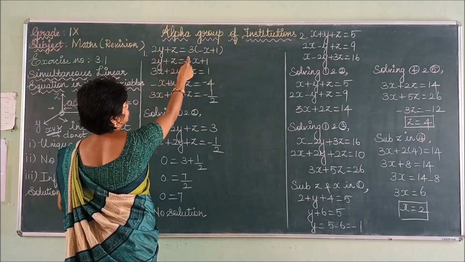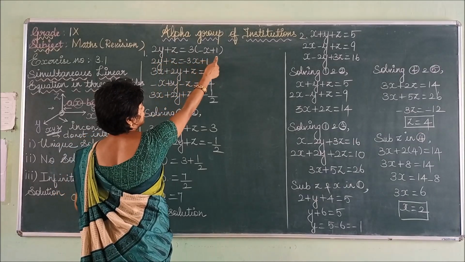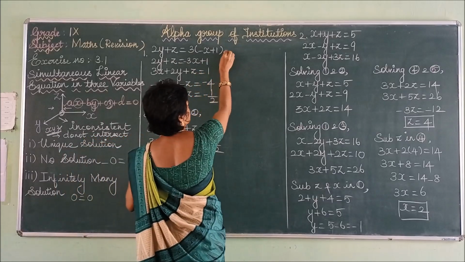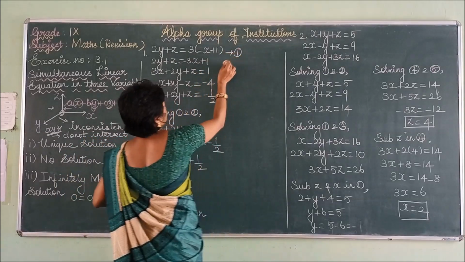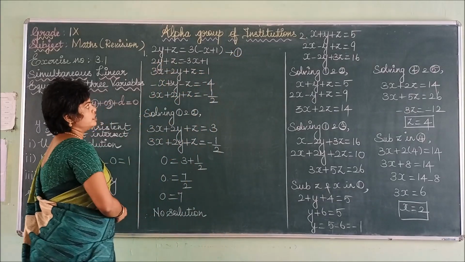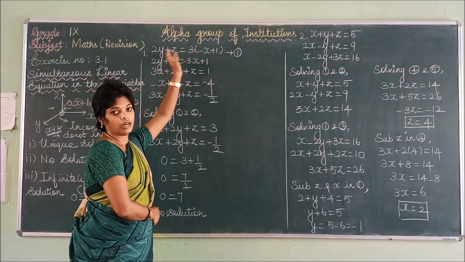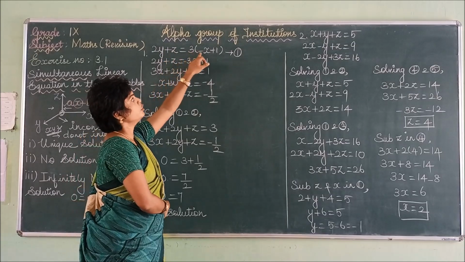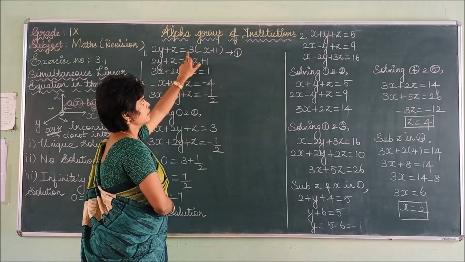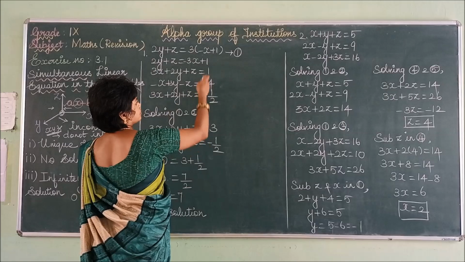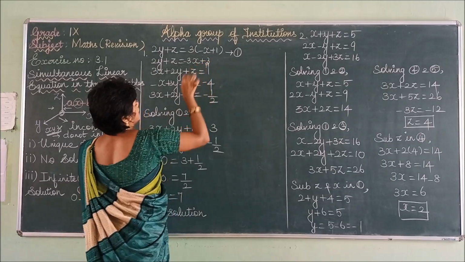2y + z = 3(-x + 1). This is your first equation given in your book. Then multiply inside: 3 into minus x is minus 3x, 3 into 1 is 3.